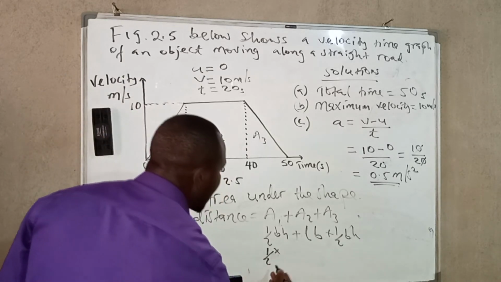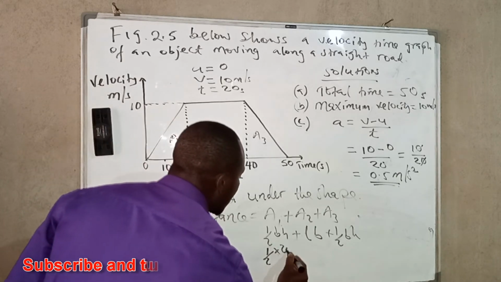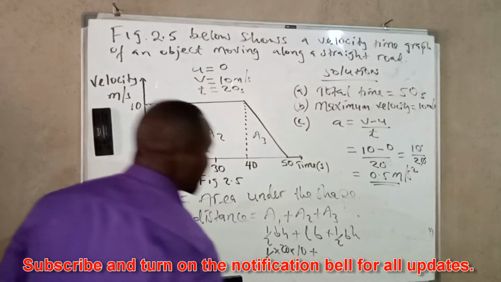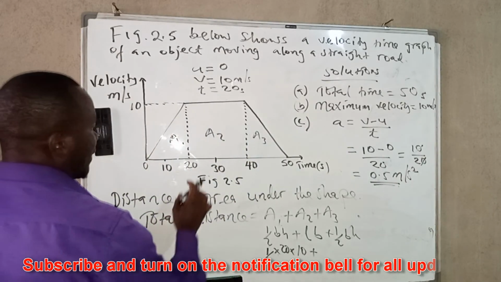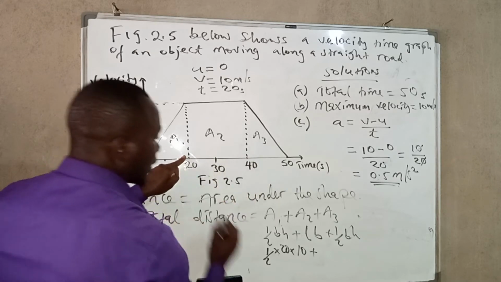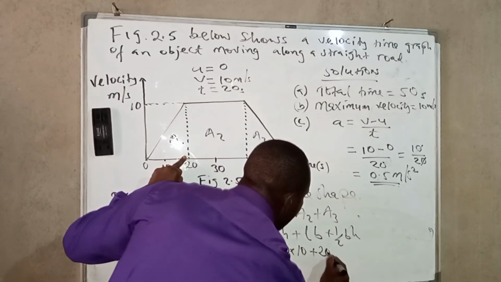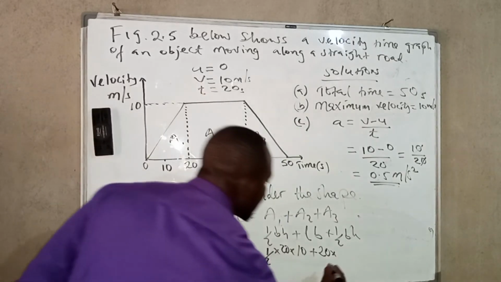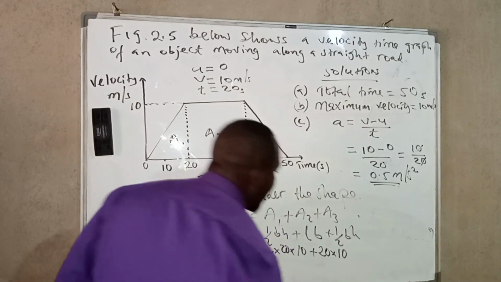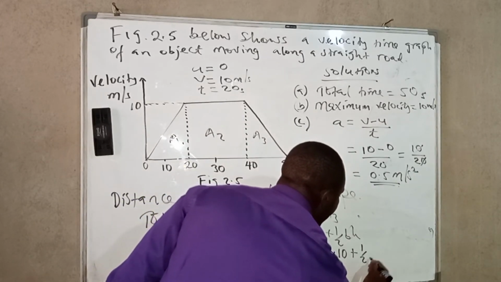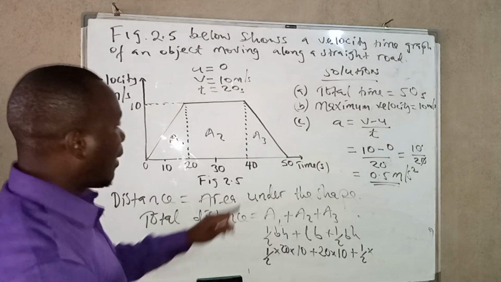So half times 20 times H, which is 10, plus L times B. So we have the L from this to this: 40 minus 20, we have 20 times the breadth, which in this case is 10, or width. Then plus half times B for this.